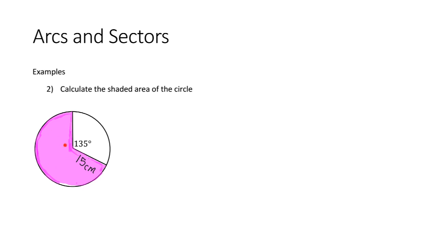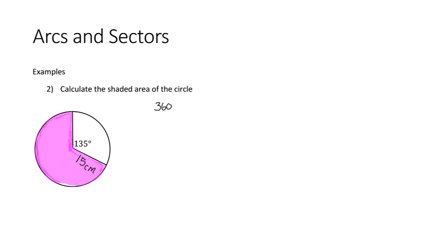So the first thing that I'm going to do before I start doing anything with equations or substituting, I need to work out what the angle is. And we quite simply say, well, there's 360 degrees in a full turn. The white portion has taken up 135 degrees.